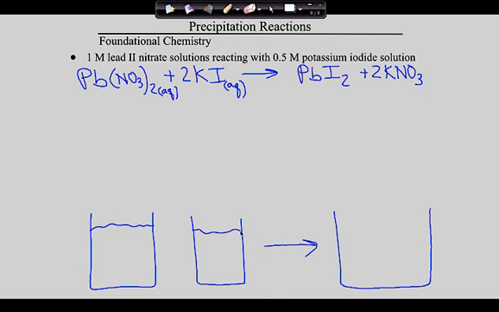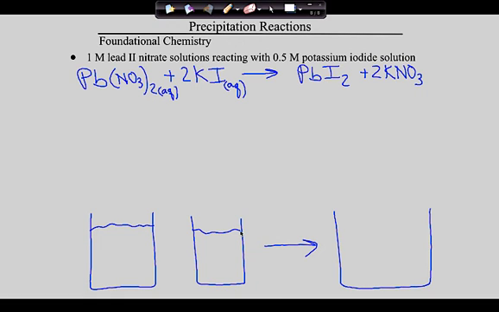But if you were handed a bottle of 1 molar lead-2 nitrate, what is in the bottle? Because there's no lead-2 nitrate in there. What happens to lead-2 nitrate when it dissolves? It ionizes. How do you know that it ionizes? Because lead-2 nitrate is a salt. And if it dissolves, it has to ionize.